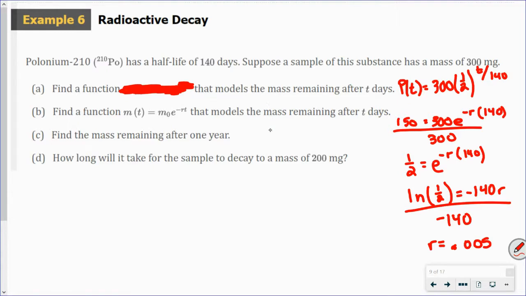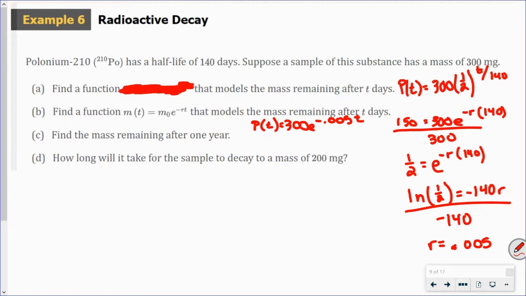So for B, my equation would be P of T equals 300 e to the minus 0.005 T. Find the mass remaining after 1 year. It doesn't matter which one you want to use. I'm going to use this one up here, the half-life one, and it's 1 year.